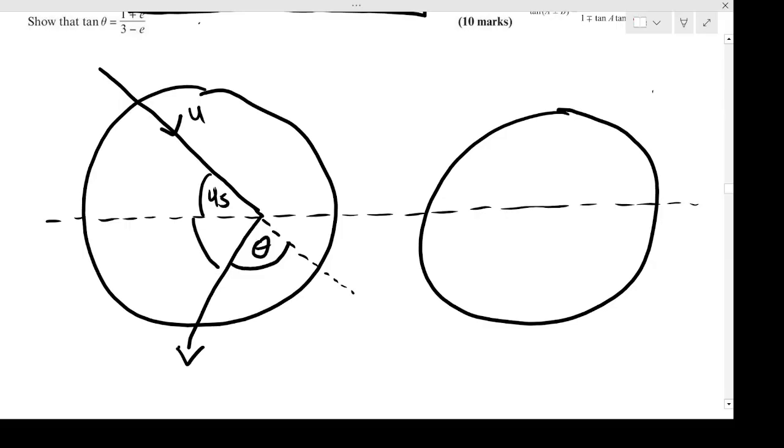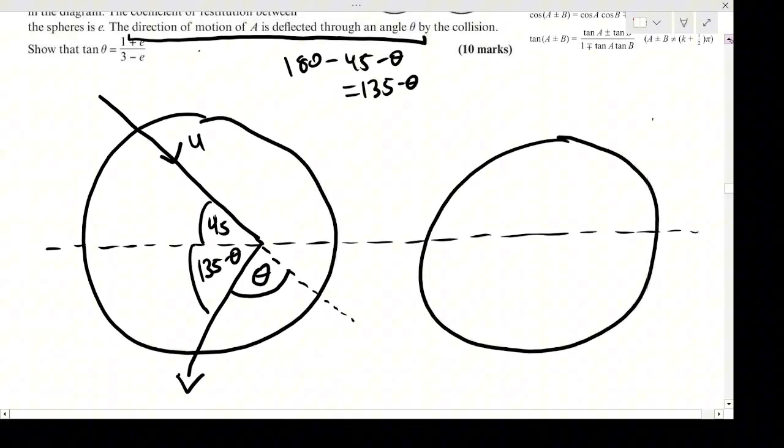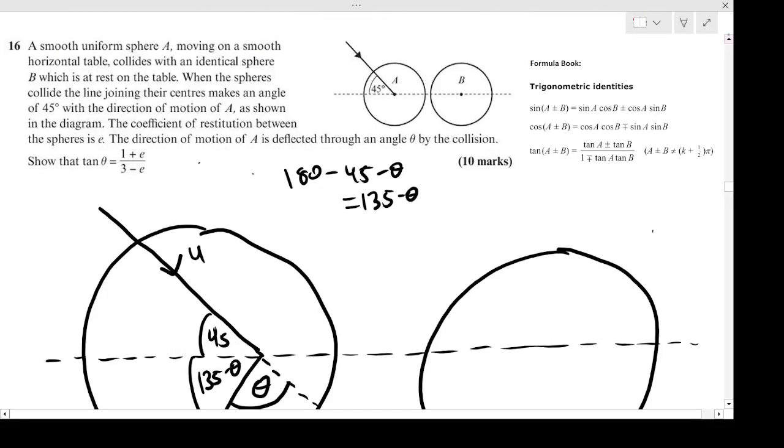And so this angle then is going to be 180 take away the other two angles, because we've got angles on a line. So that will simplify to 135 take away theta here. And I'm also then told B's at rest.